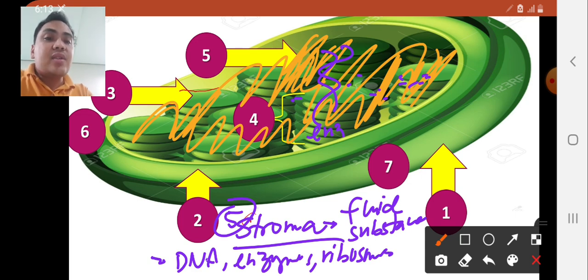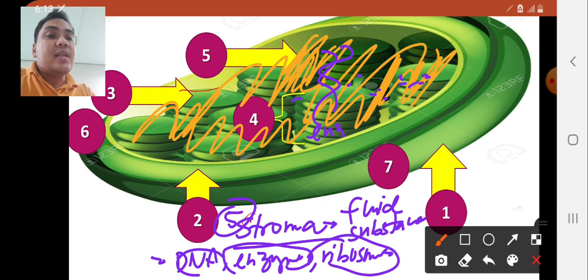Since the chloroplast consists of DNA, it means that it can replicate on its own. It can reproduce by its own. In addition, since the chloroplast consists of enzymes, it can speed up the process of photosynthesis. Since it consists of ribosomes, at the same time, it can produce proteins.